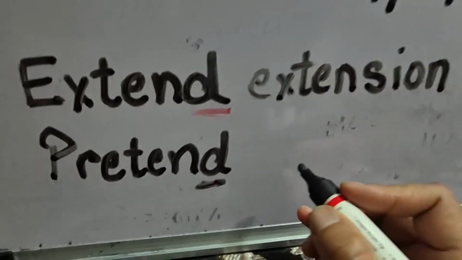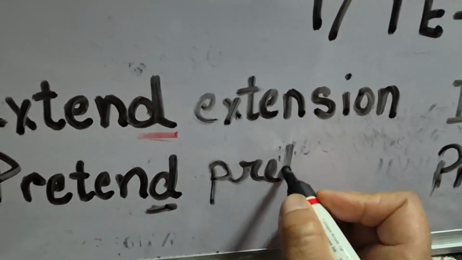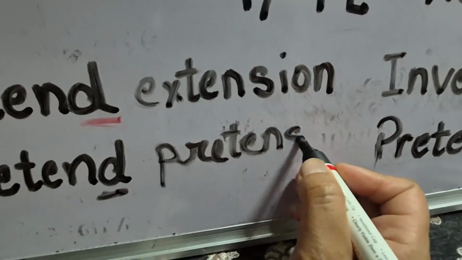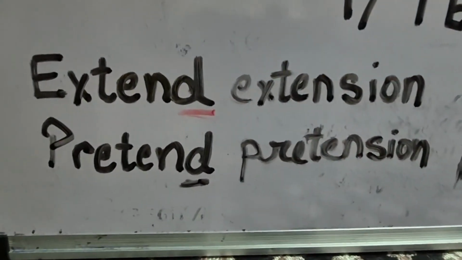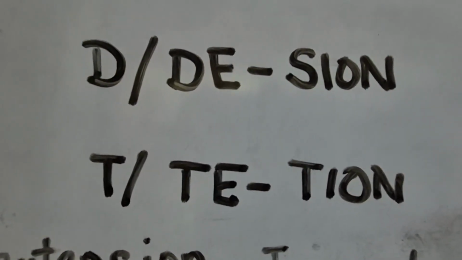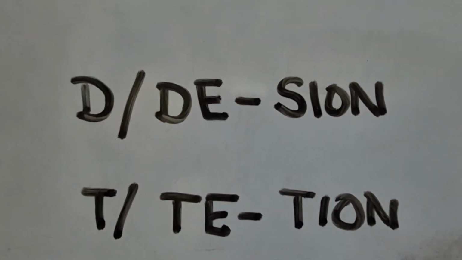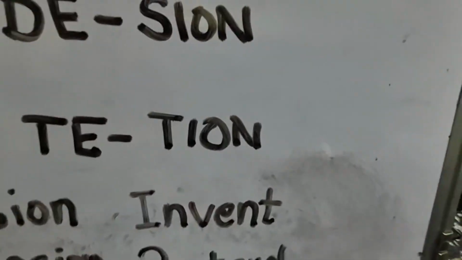So the word would be pretension. Fine. Now, if the word ends with T or TE, we often use TION, shun. For example, the word is invent.